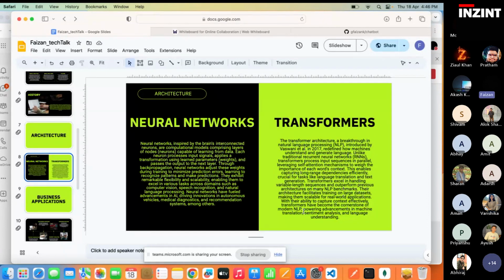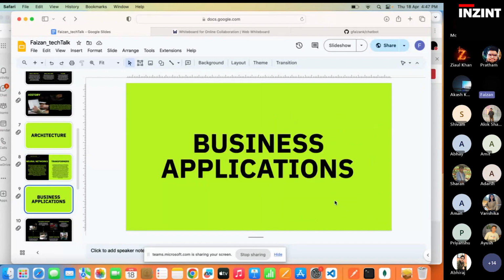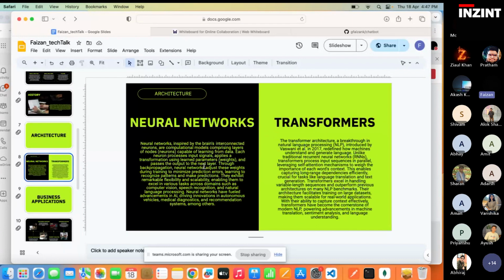Because of these powers and advantages over neural networks, transformers have now become a big thing in the modern natural language processing world, powering advancements in machine translation, sentiment analysis, and language understanding. These are just the end results, and transformers have really evolved a lot and emerged as one of the major giants of the natural language processing world.